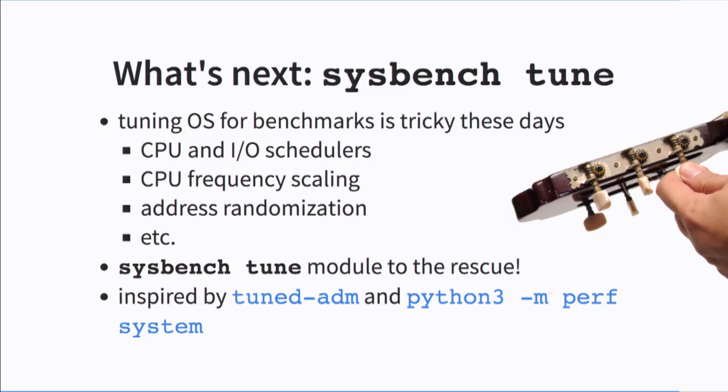Just to give a few examples, there are CPU and I/O schedulers, and you want to make sure that they are configured identically across benchmark runs and hardware machines that you're using for an apples-to-apples comparison.